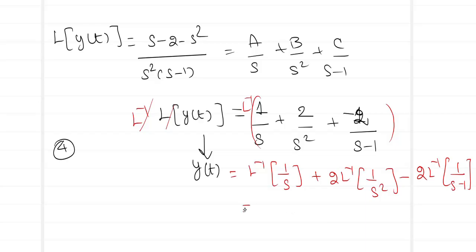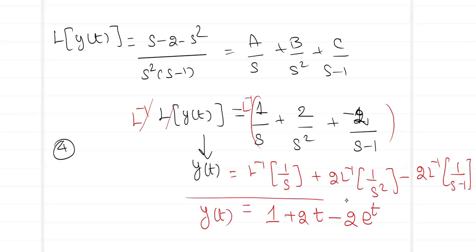Having known the basic formulas, Laplace inverse of 1 by s takes the value 1, plus 2 times Laplace inverse of 1 by s square, which takes the value t, minus 2 times Laplace inverse of 1 by s minus 1, which takes the value e to the power of positive t. Hence, my final solution y of t is obtained as 1 plus 2t minus 2 e power t.